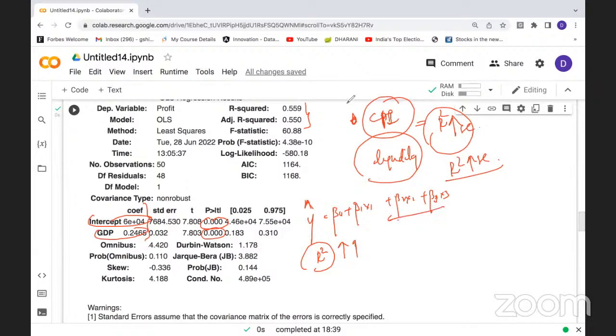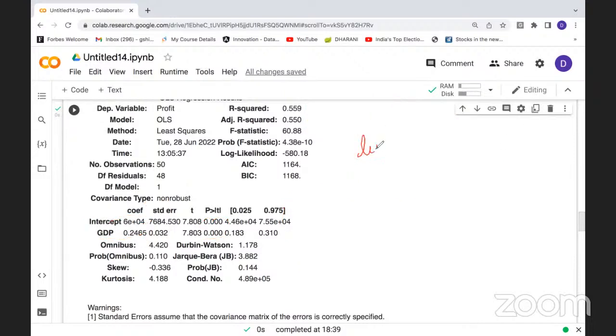But for added inputs, how relevant are they for prediction of Y, for profitability? Important or not important, R square will not care at all. You have added liquidity, you have added CPI, or any other input, your R square value keeps on increasing.